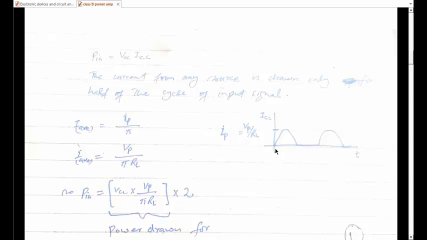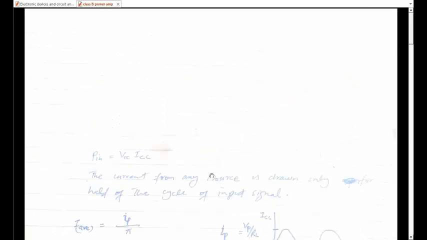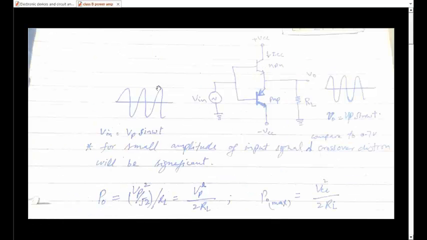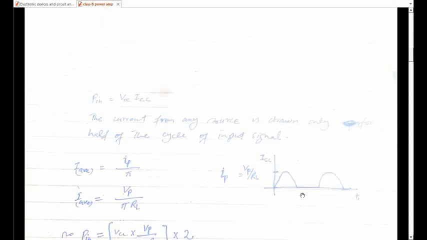We have seen that only one transistor conducts at one time. For half a cycle this would conduct, and current would flow from this battery, and for the negative half cycle this would turn on and this would turn off. When this is off, there would not be any current from this source. So current would be zero for the negative half cycle, and only flow for the positive half cycle.